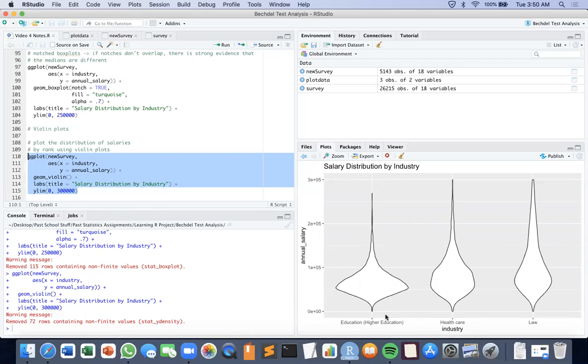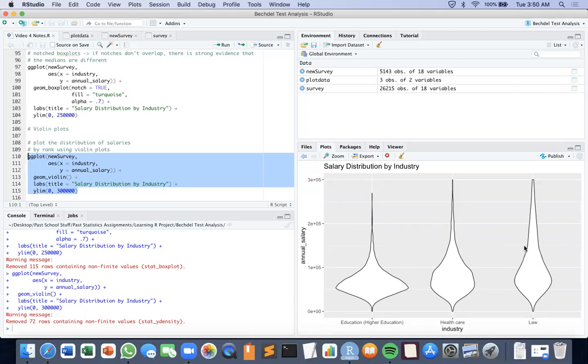So instead of just having a little box with a median and whiskers going out both sides, we now have these violin shapes, these graphs that show a mix between the median, the spread, and the density. So this kind of looks like a kernel density plot.